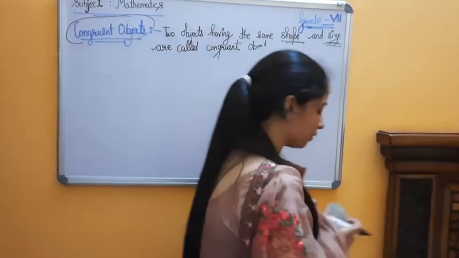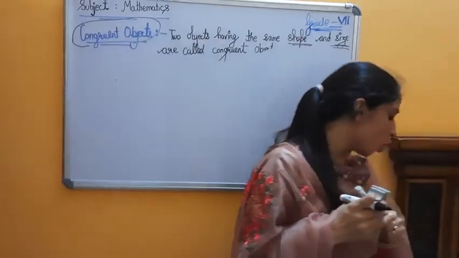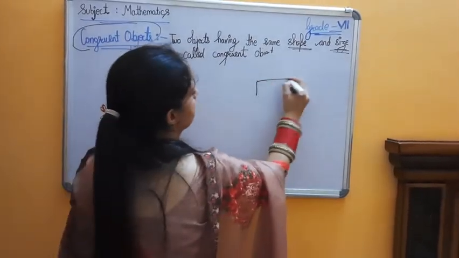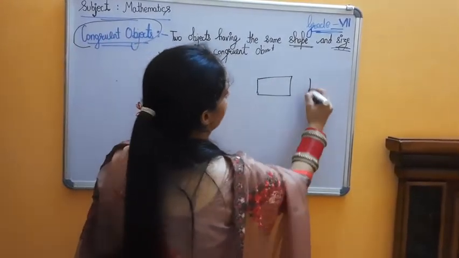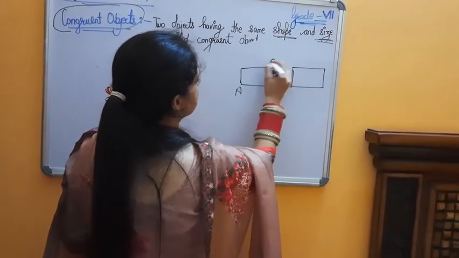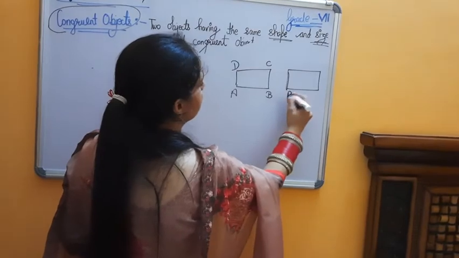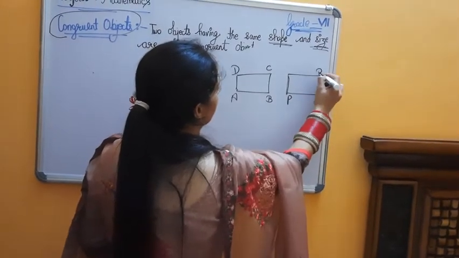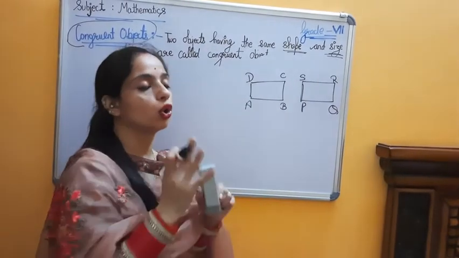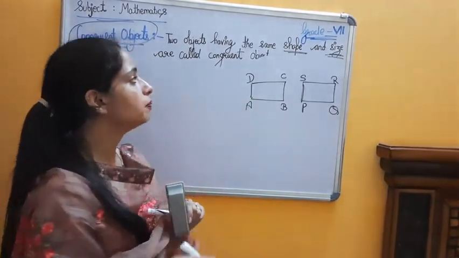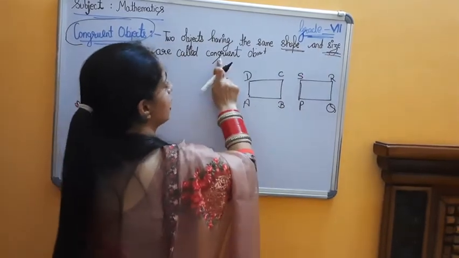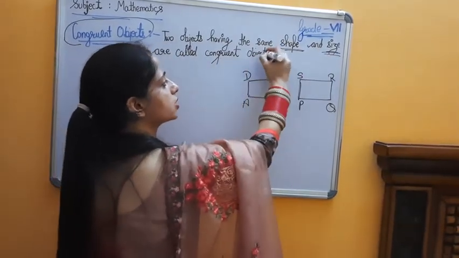Next we have congruency of two squares. Let's say we are taking two squares ABCD and PQRS. We know that a square is one whose all sides are equal. Two objects having same shape and size are called congruent objects.